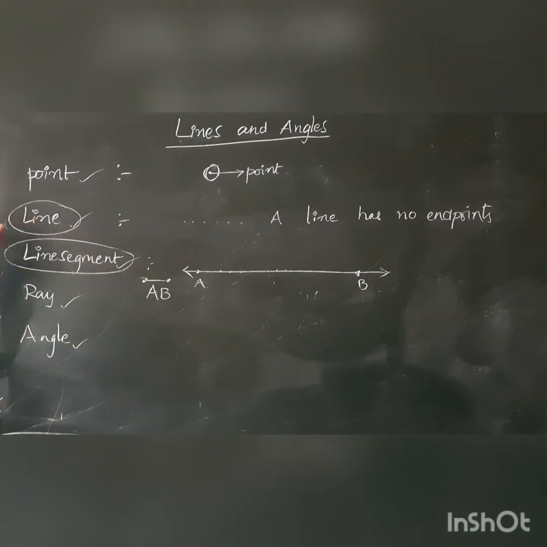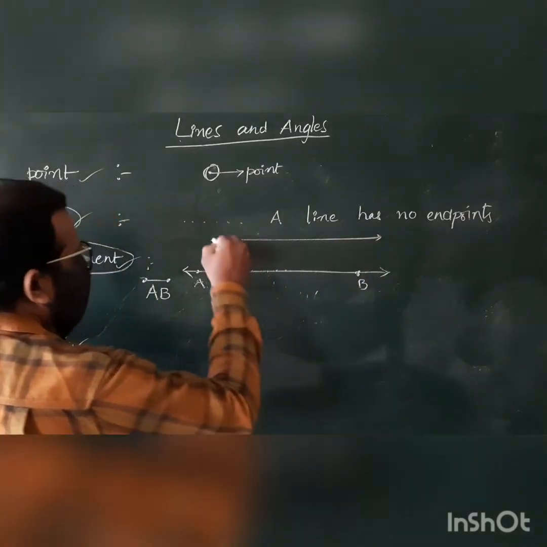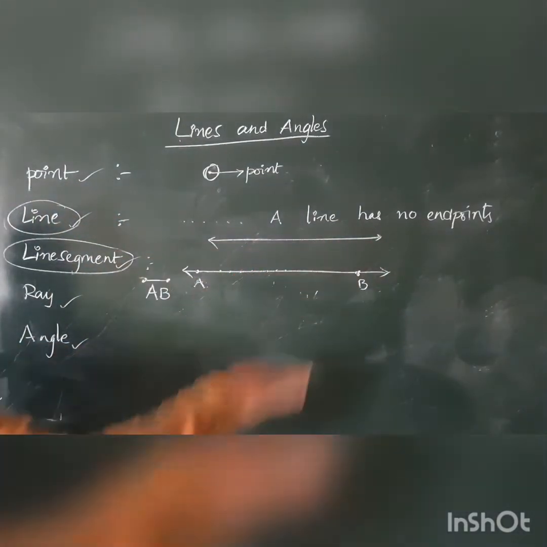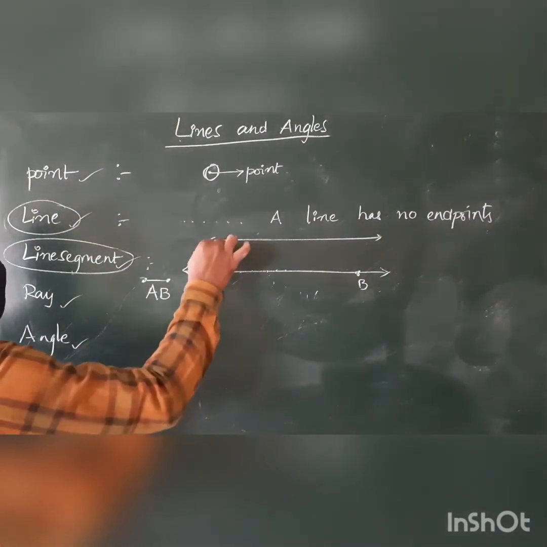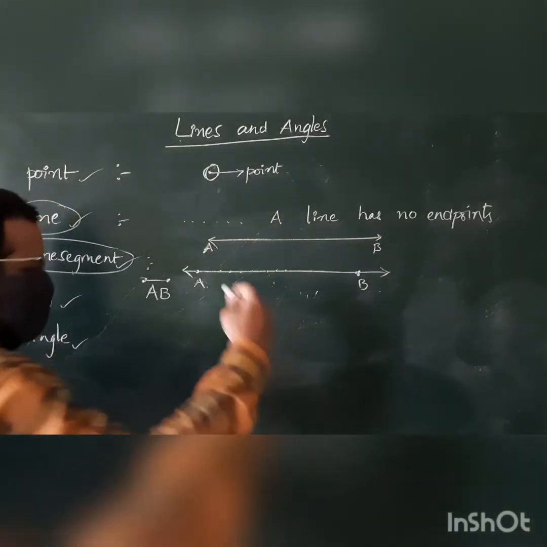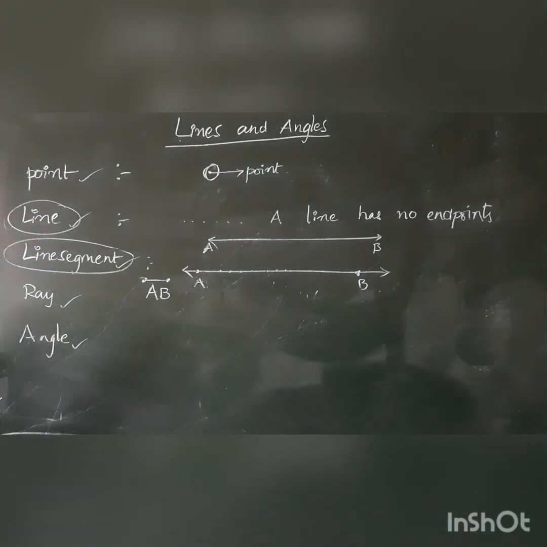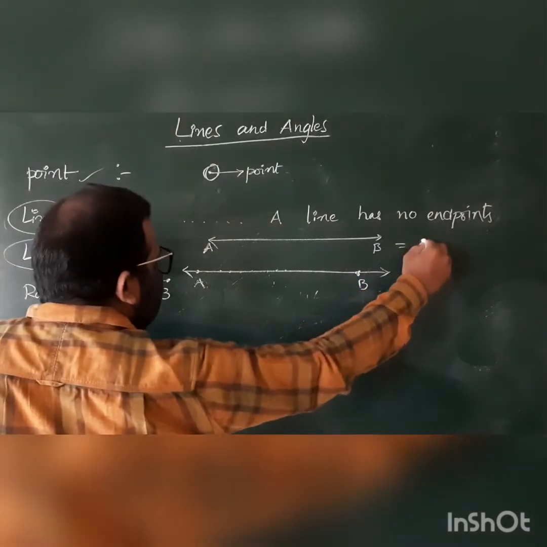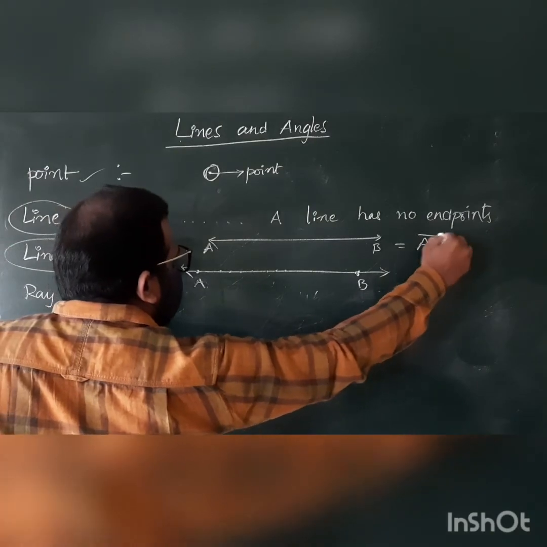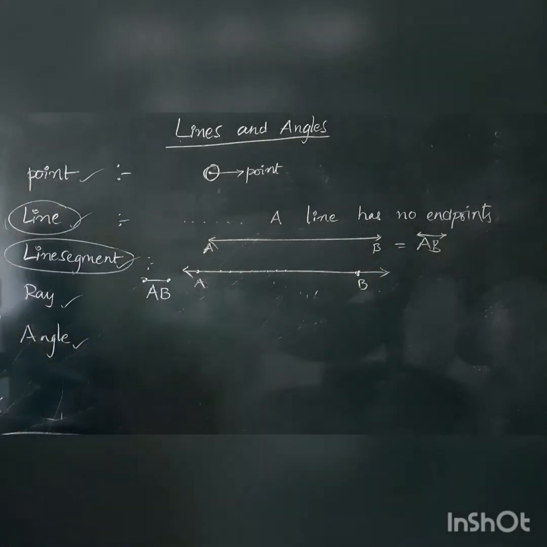Now tell me, what is the representation of line? If I take a line like this and there is no end point, I haven't taken any end point. I am taking A and B somewhere, and they are not ending points. Then we will say AB with two arrows.